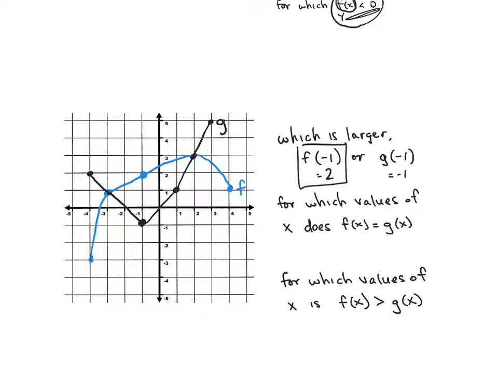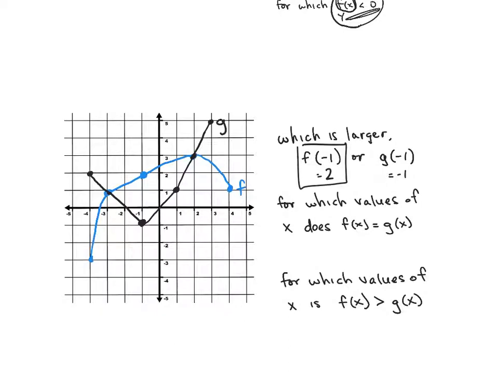And that also occurs right here at this point. At this point, the functions have equal y values, and I say equal y values because that's essentially what's being asked here. F of x equal to g of x, that's just a value of y that equals another value of y on a different function, because f of x and g of x are just y values.